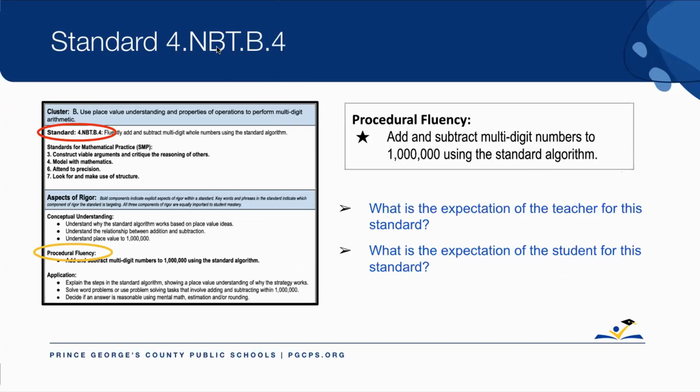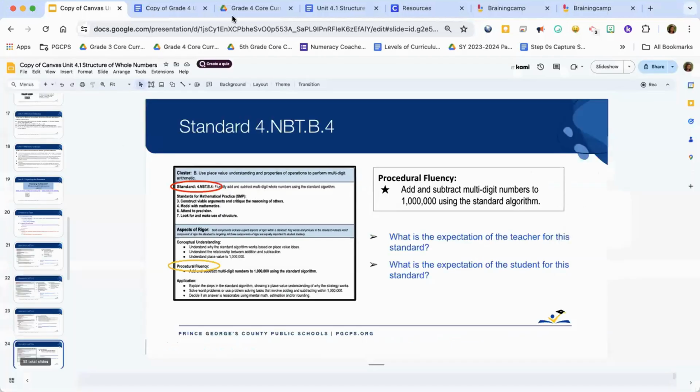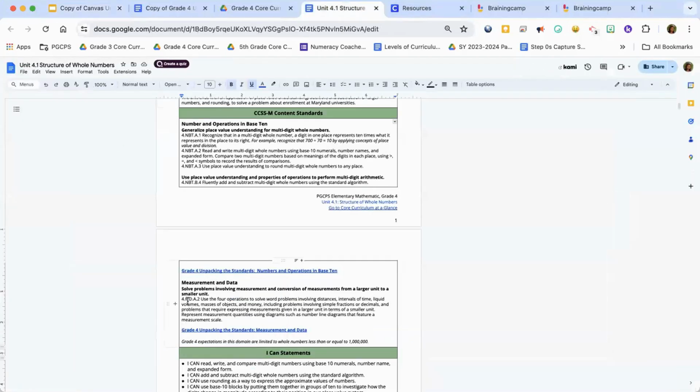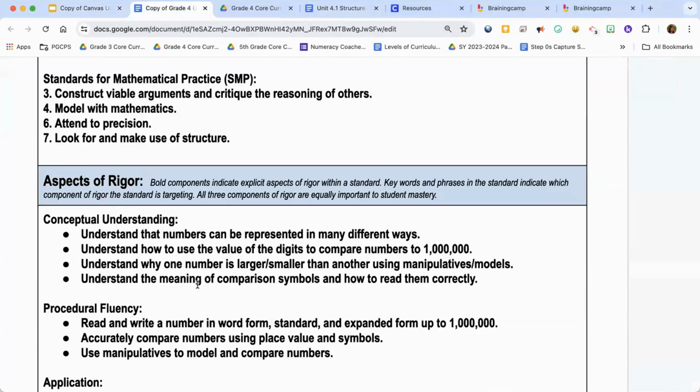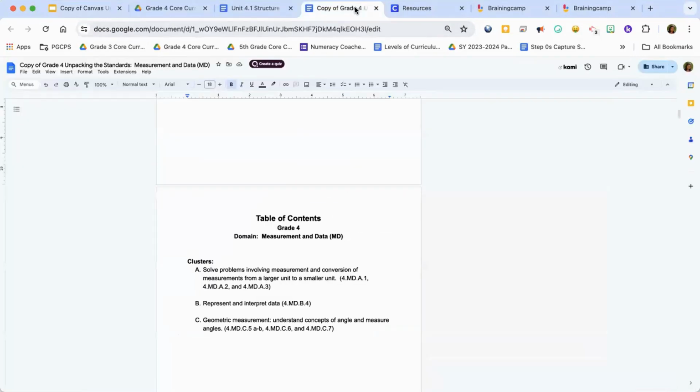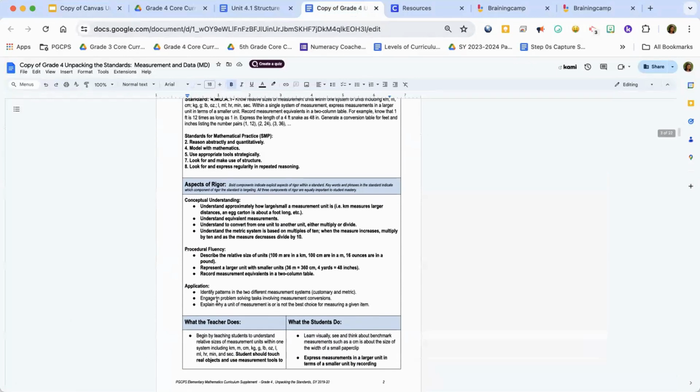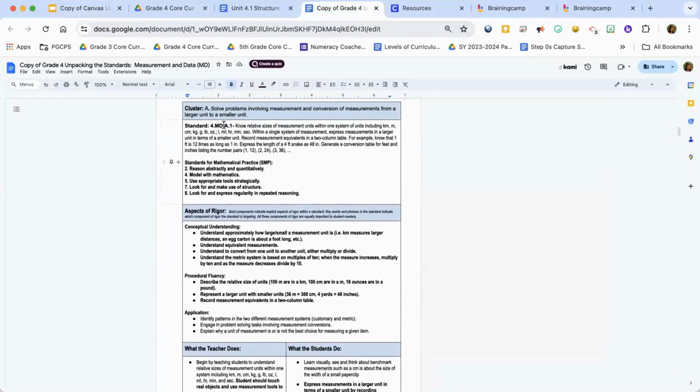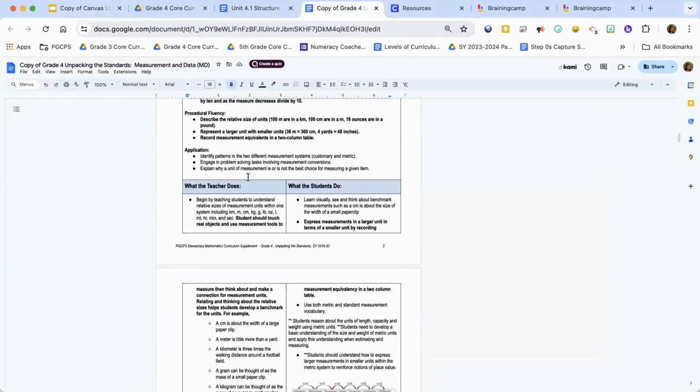Standard 4 NBT B4. I'm going to go back to the document at this time because I want to talk about what I mentioned earlier. I'm going to go over to the unpacking document and look for 4MDA2 that is found under cluster A. And so now I'm scrolling down to cluster A. 4MDA1 is important to note.